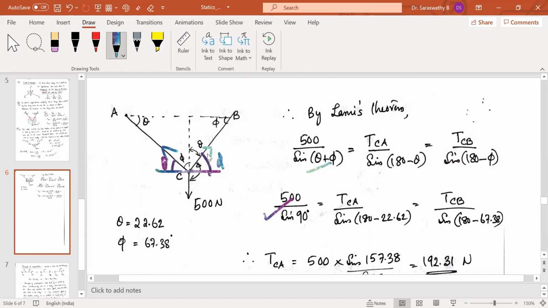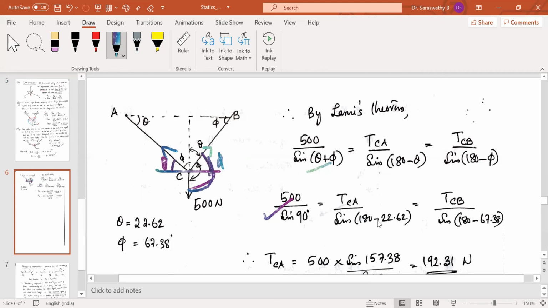500 by sine 90 is equal to the tension in the wire CA divided by the sine of the remaining angle. What is that angle? This is phi, so it is 90 plus phi. Or since this is taken as theta, it is 180 minus theta, sine of 180 minus theta.